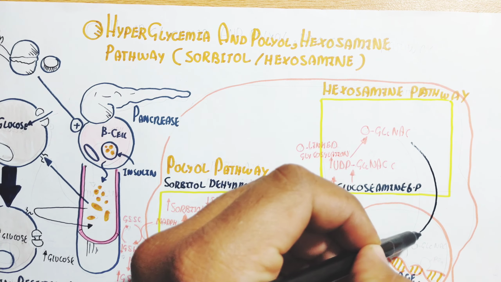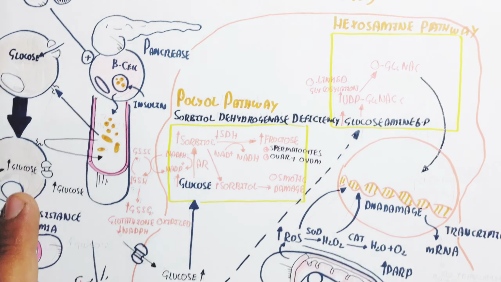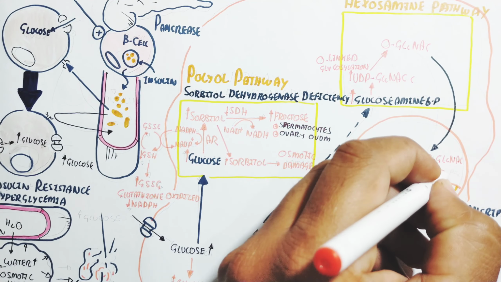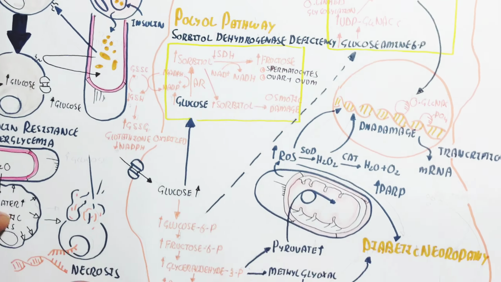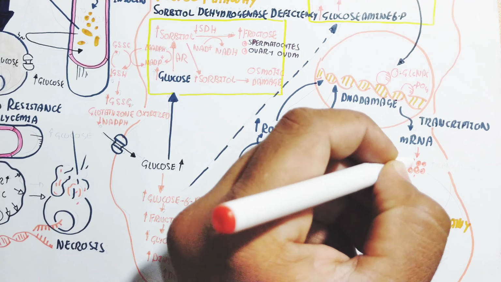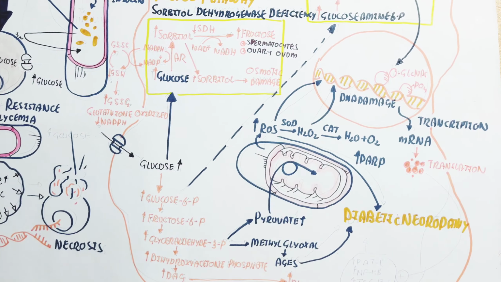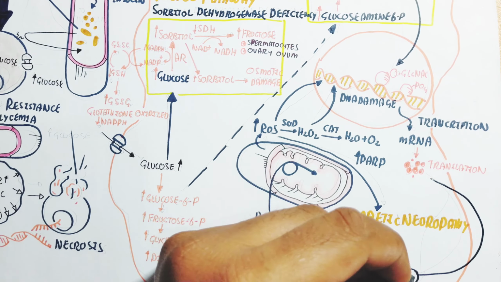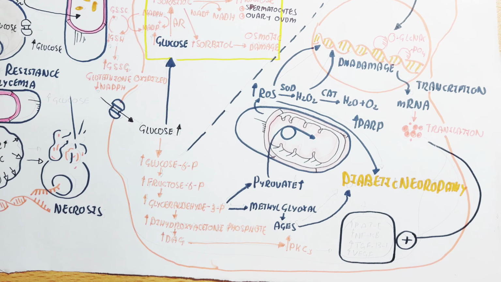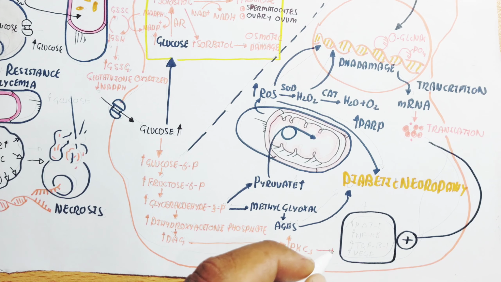The O-linked N-acetylglucosamine increases and binds with the DNA, damaging it. This DNA produces messenger RNA, which is translated to synthesize certain proteins, which are cytokines and inflammatory mediators.